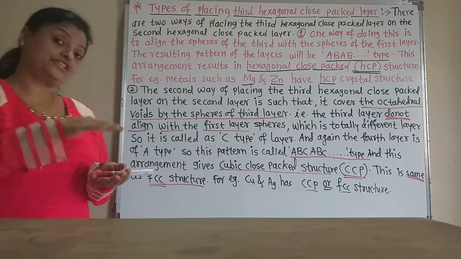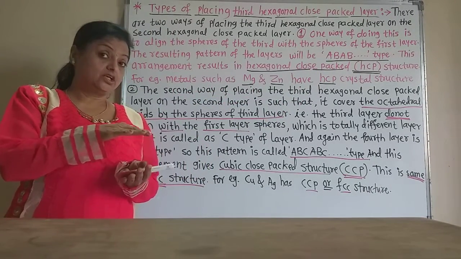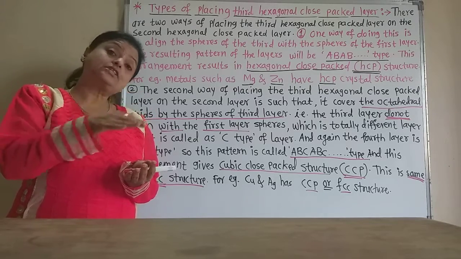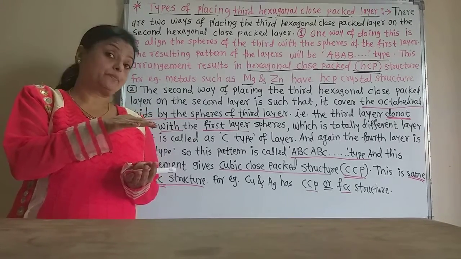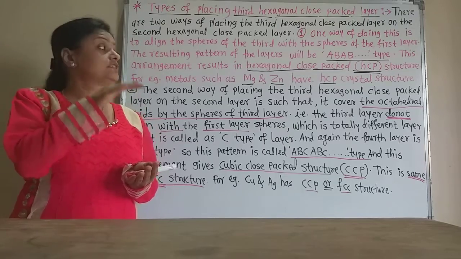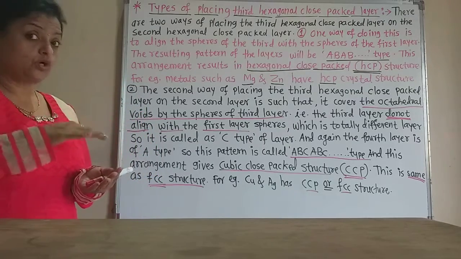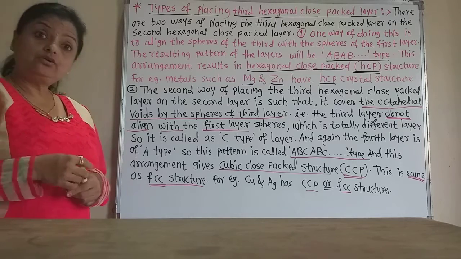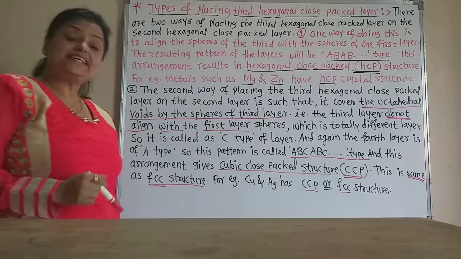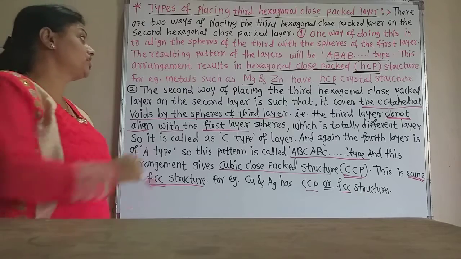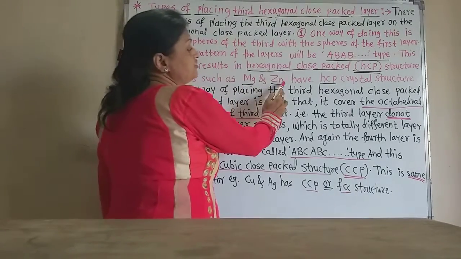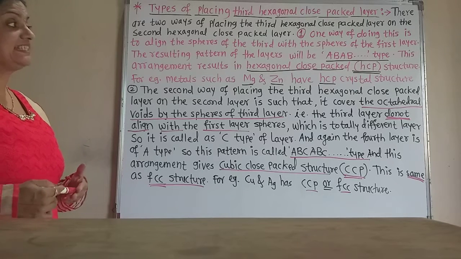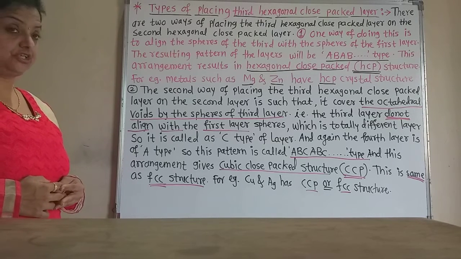So the structure which is obtained on placing the third layer similarly to the first layer of hexagonal close packed is the hexagonal close packed structure. And which metals crystallize in the hexagonal close packed structure? Magnesium and zinc. These are the two metals which crystallize in HCP crystal.